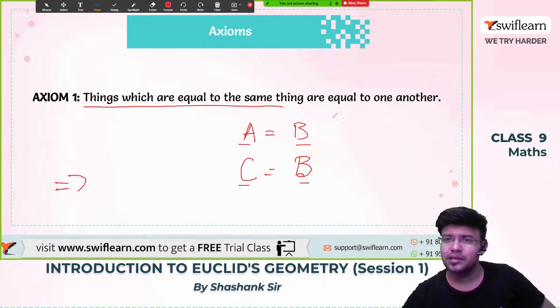This implies they are equal to one another, meaning A is also equal to C. This is what it says.